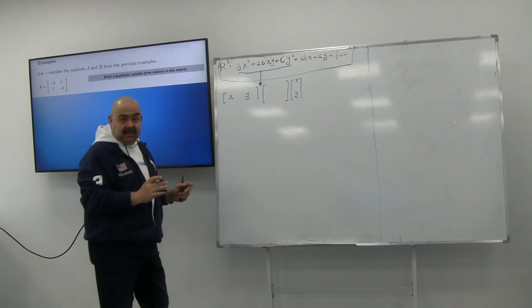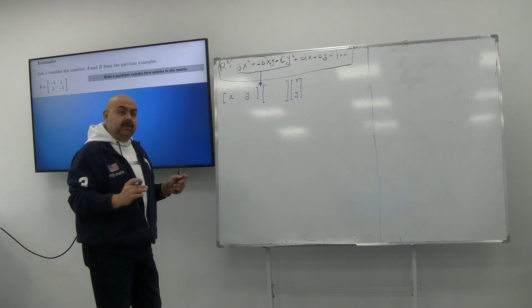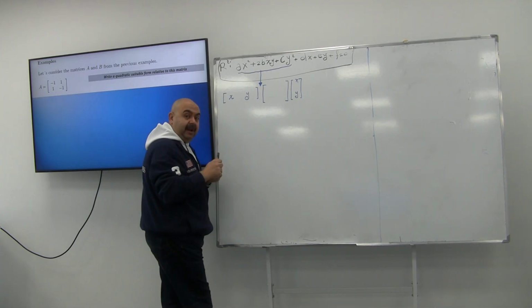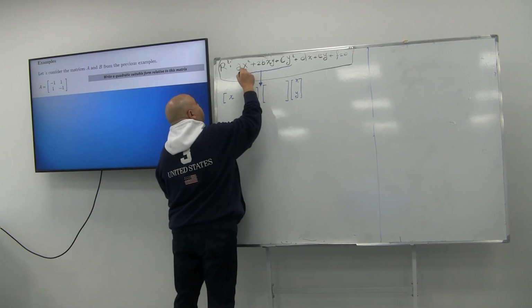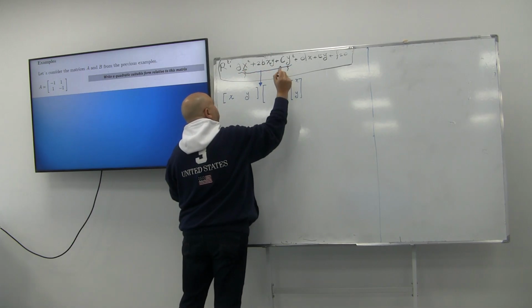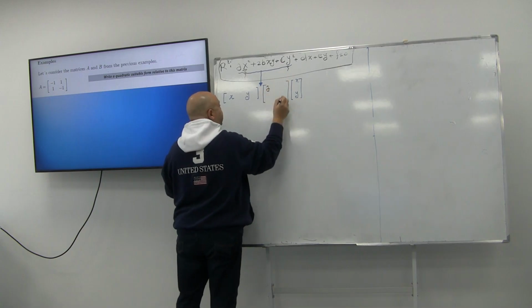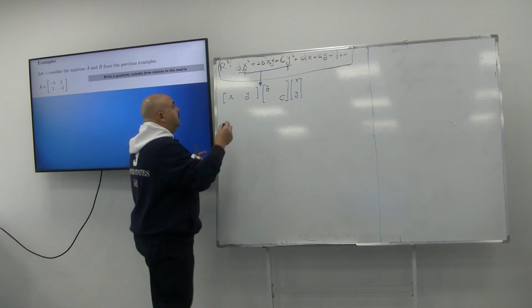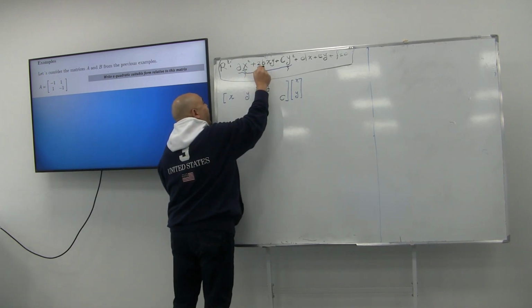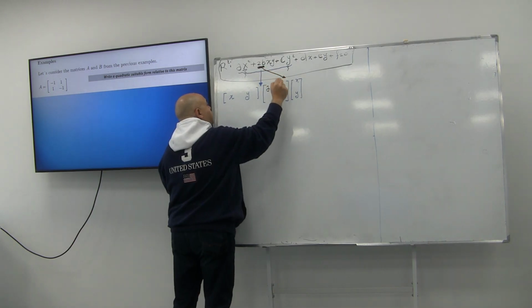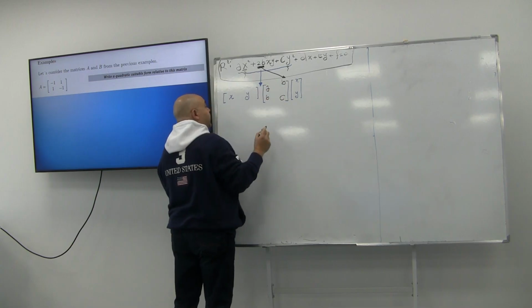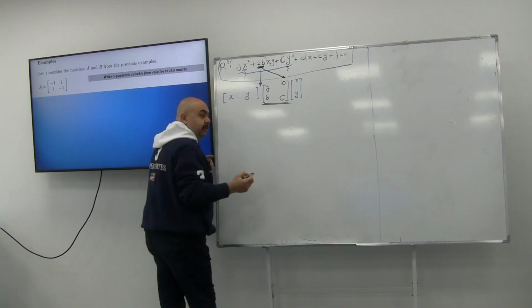So you will have S transpose times A times S. For this matrix, the elements of the principal diagonal are simply the coefficients of x squared and y squared. So I will have A here and C over there. Then for the term xy, I will take its coefficient and divide it by 2, putting half of it here in element 1,2, and the other half here. So this is the matrix that we are talking about.